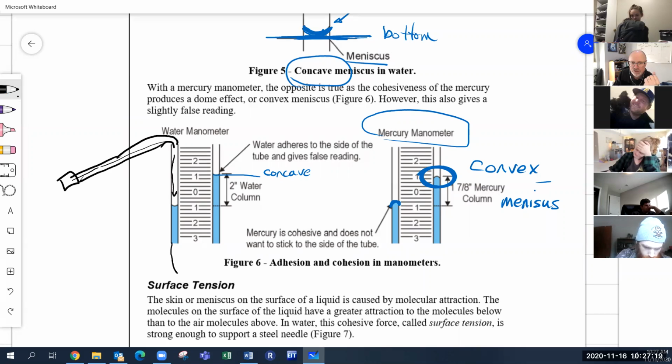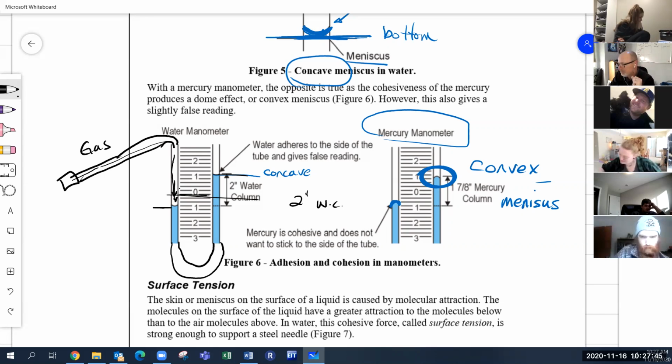And this is a U-tube manometer. This will be connected down at the bottom, and it'll push downwards, and it'll push upwards. And then you have to have this at 0 when you start, for sure. And then you measure both sides. So you measure this side at 1, this side at 1. So you have 2 inches of water column, or 2 inches of gas pressure.